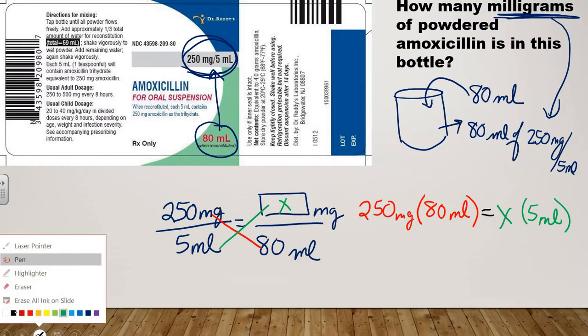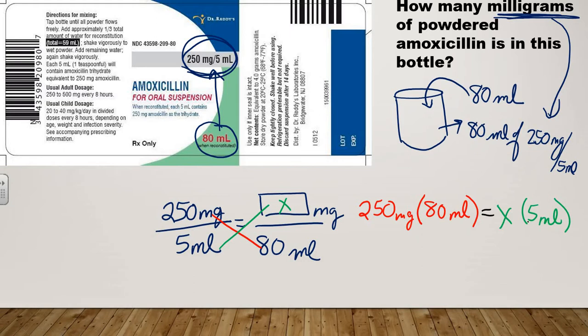Okay, next step, we want to get rid of that 5, and that's x times 5. The opposite of timesing is dividing, so whatever you do to one side, you have to do to the other. So I divide by 5.